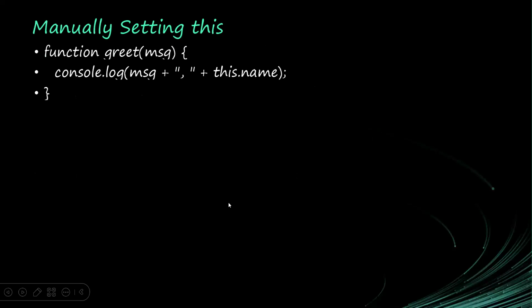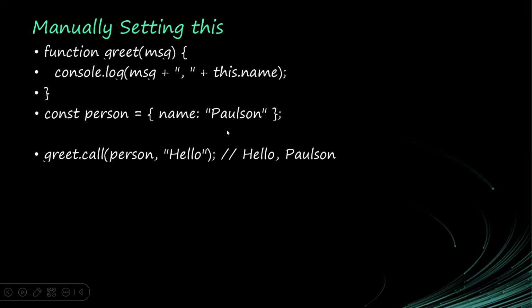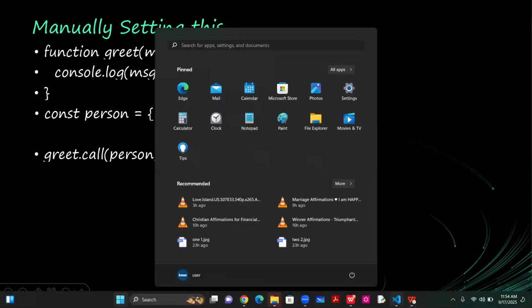The first example is we have a function, the greet function, and we are saying console.log message plus this.name. So I can manually, explicitly say I want to make the this keyword to be another object. So in this case, I have a person object. So if I say greet.call, okay, let me be more practical here.